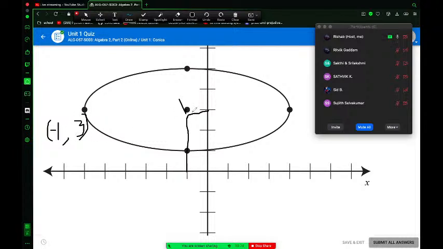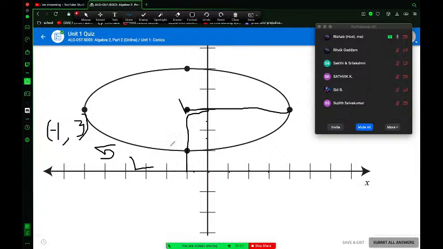Now we need to know the length of this. Obviously we can just count that. We don't need to use the distance formula because it's not on a slanted line. So I can just count this: 1, 2, 3, 4, 5. So it's 5. Now we know the major axis. Now we need to know the minor axis. So that's 2, and that's 2.